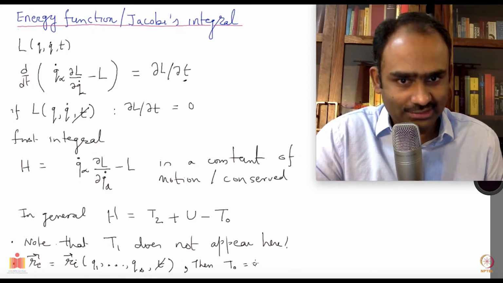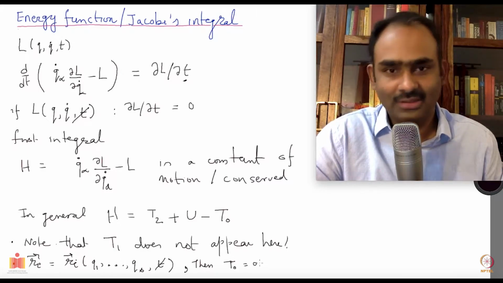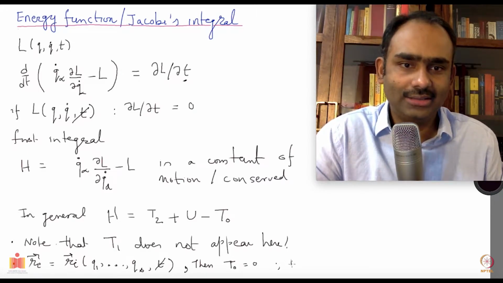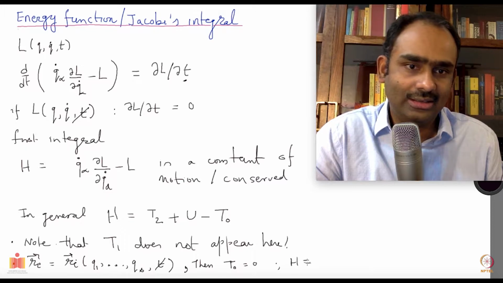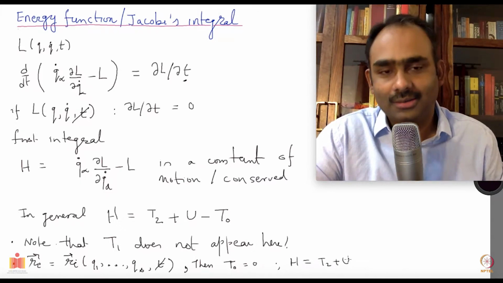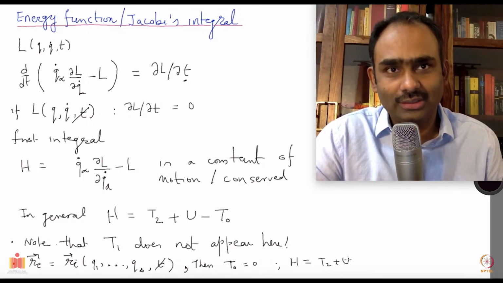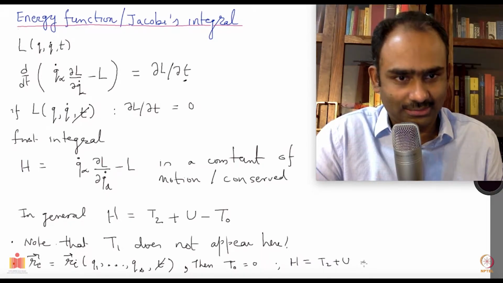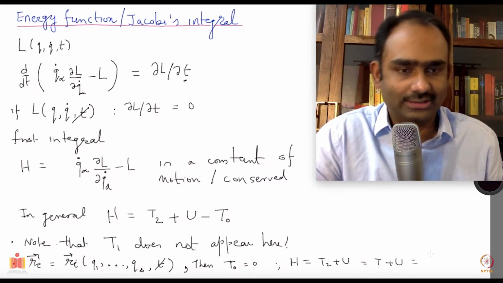So T0 is 0, T1 is also 0, and h is just T2 plus u, but T2 is the only term in the kinetic energy, which is the same as T. And this is the total energy.